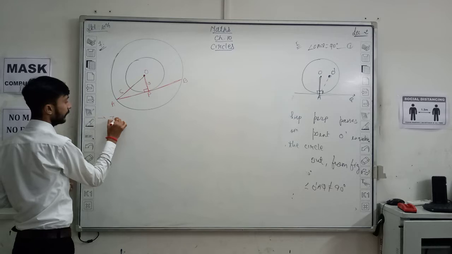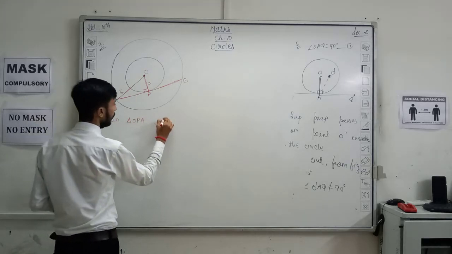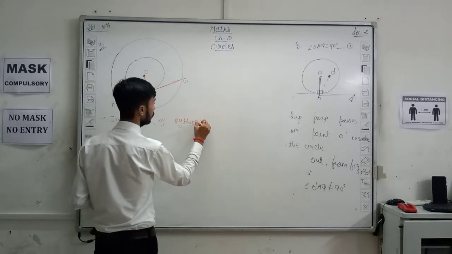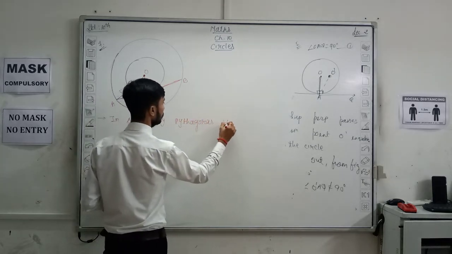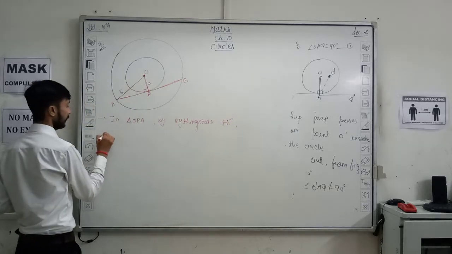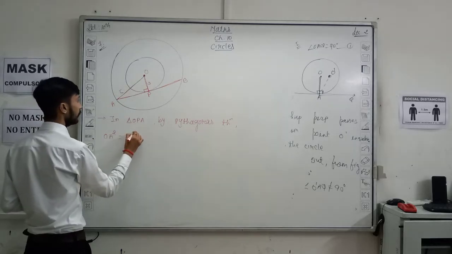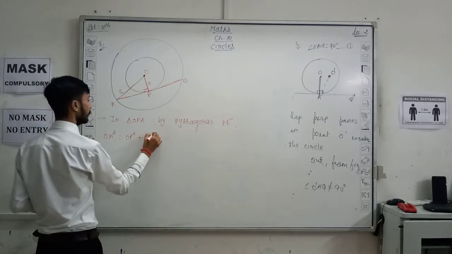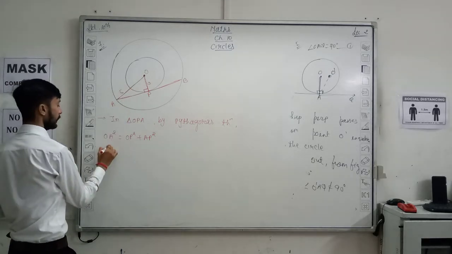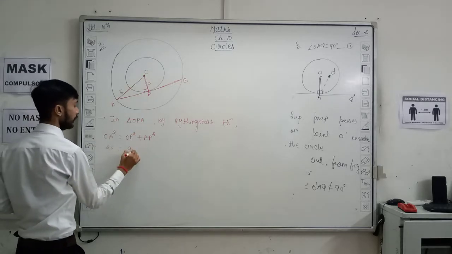So in triangle OPA, by Pythagoras theorem, OA square equals OP square plus AP square. OA square is 5 square, which is 25. OP square, 3 square is 9.